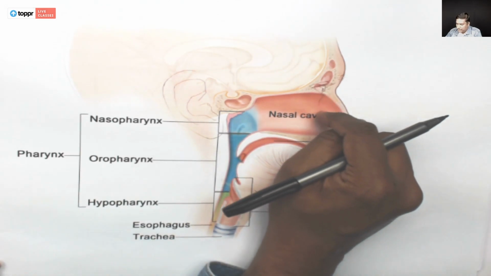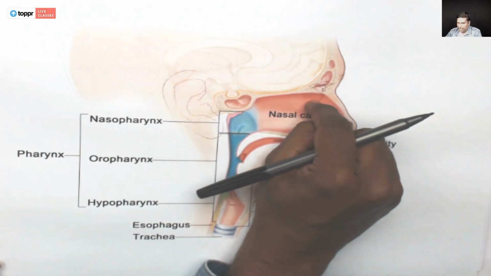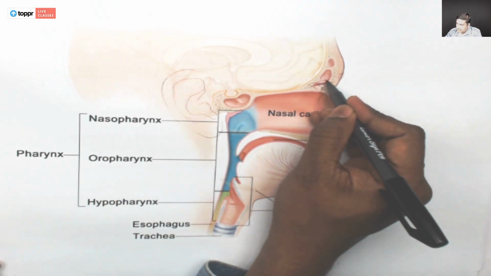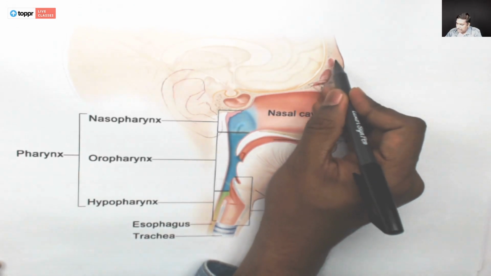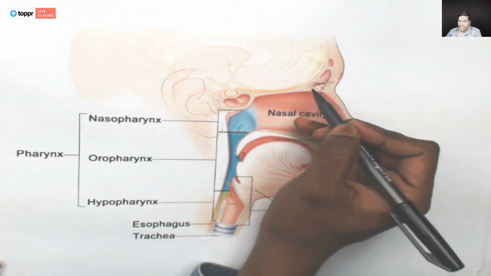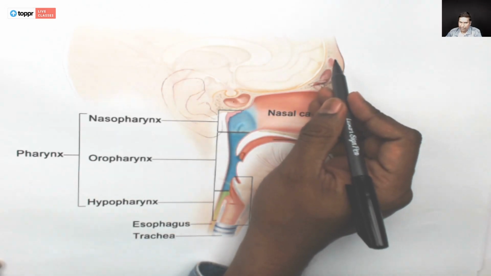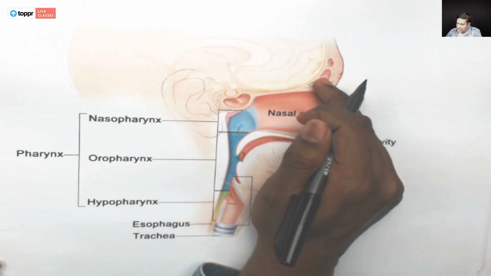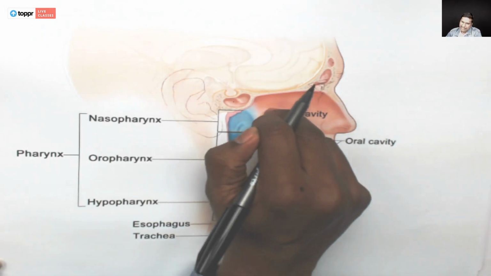The other opening that the nasal cavity has is a connection to the sinuses in your skull. Sinuses are nothing but cavities in the skull, and some of the sinuses open into the nasal cavity.